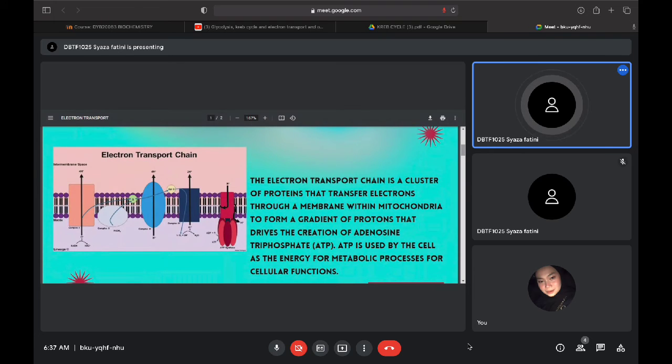The electron transport chain is a cluster of proteins that transfer electrons through a membrane within mitochondria to form a gradient of protons that drives the creation of adenosine triphosphate, ATP. ATP is used by the cell as the energy for metabolic processes for cellular function.